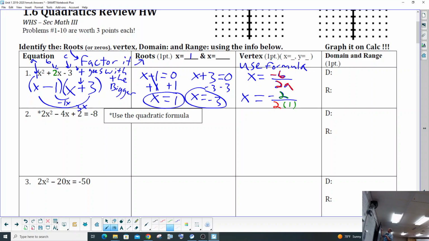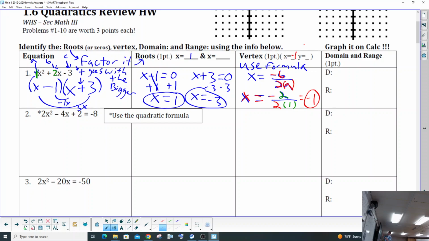Where did that 1 come from? That was the invisible one next to the x. So x equals negative 2 over 2 times a, and negative 2 over 2 reduces to negative 1. That's our x value.